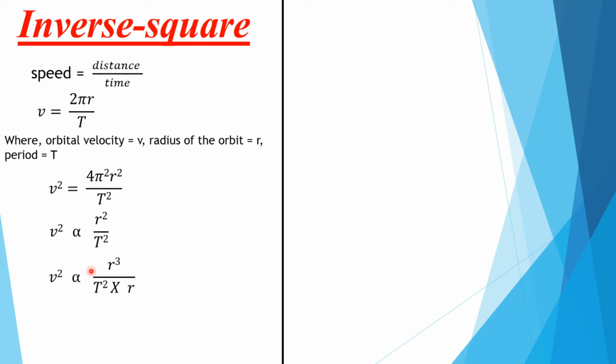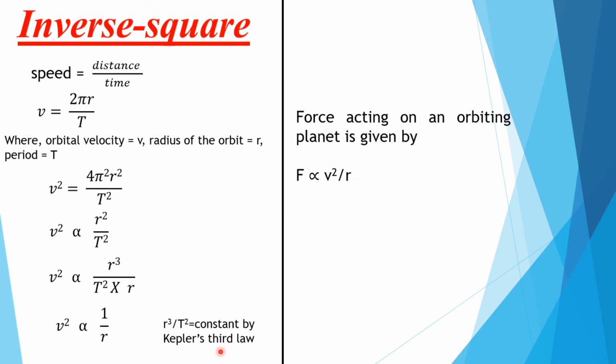Now if we multiply r in the numerator as well as the denominator, v square will be directly proportional to r cube upon t square into r. So we can write v square is directly proportional to 1 upon r, or we can say v square is inversely proportional to r. Why is it so? Because r cube upon t square is considered constant by Kepler's third law.